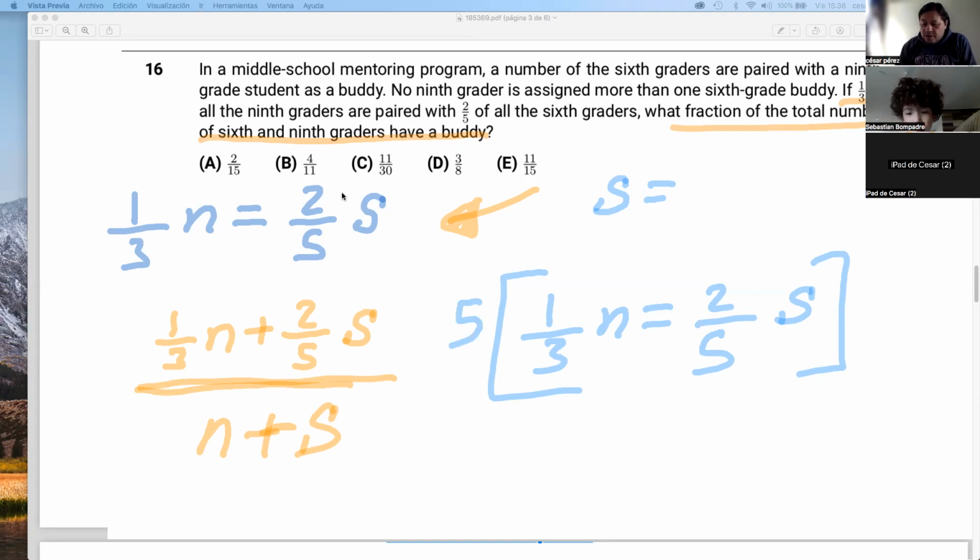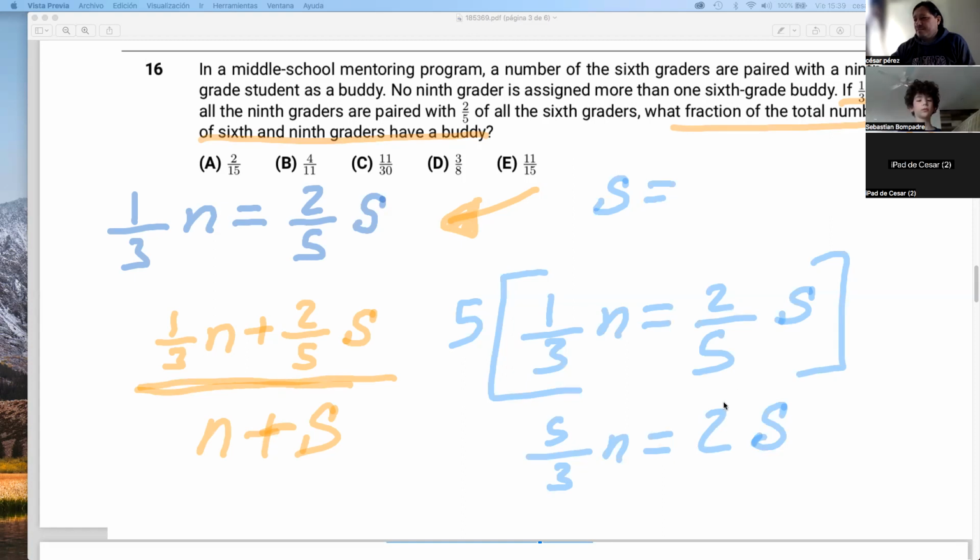Then we are going to get 5/3 n equals 2s. Okay. Do you agree? So we can solve for s, this one.